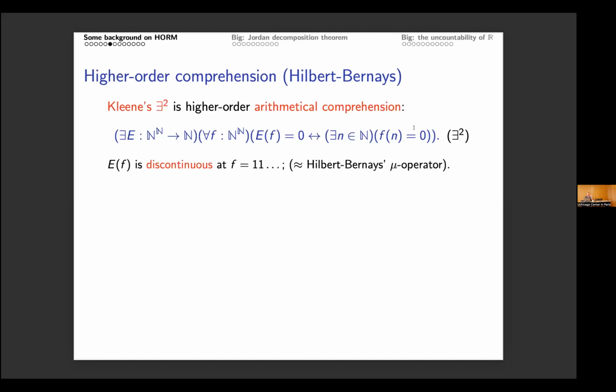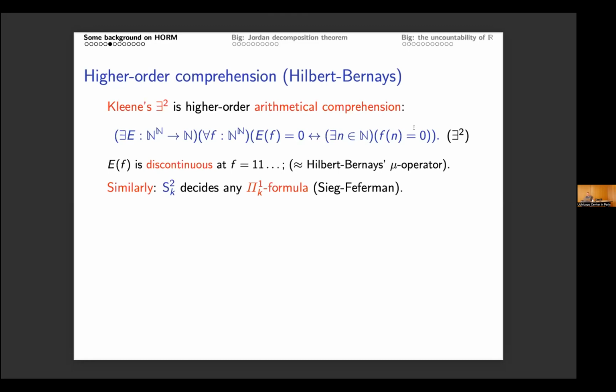They never touched ACA0 essentially, but they did use this to formalize lots of math.